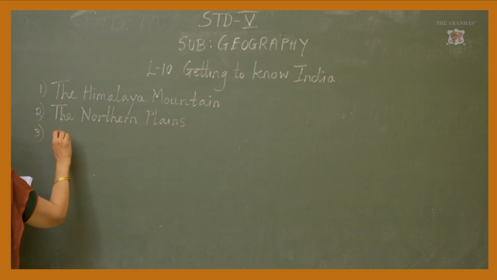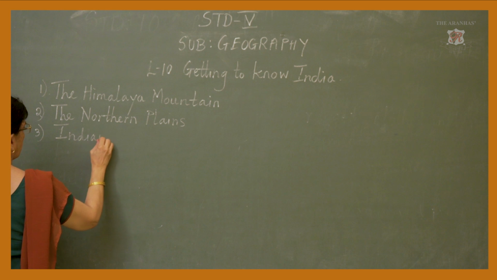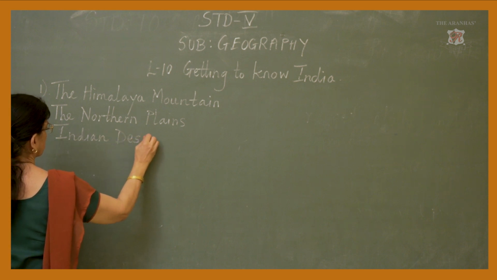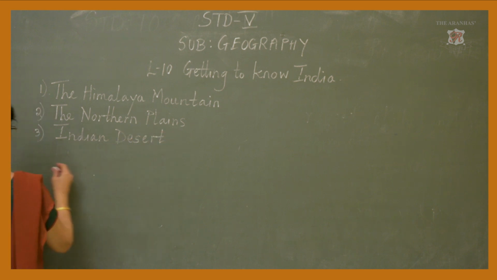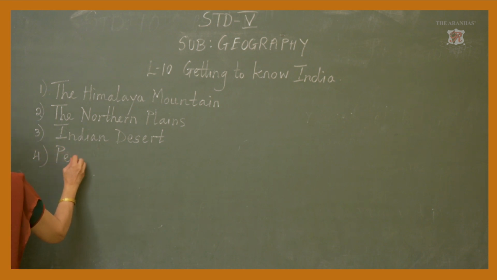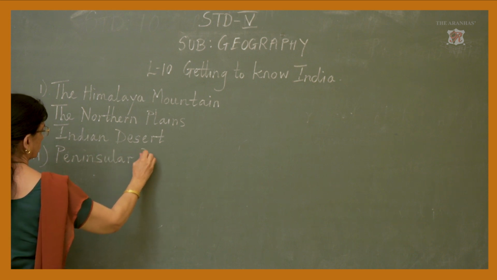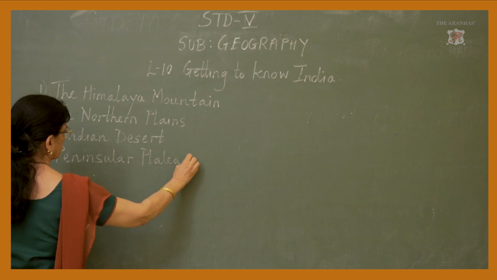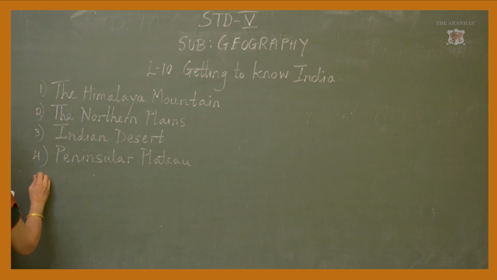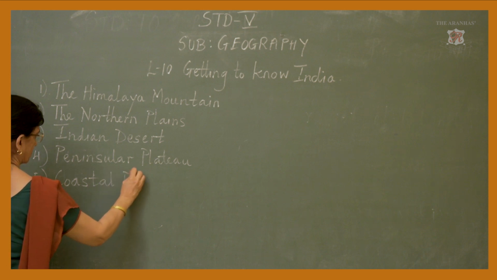Third is the Indian desert. And fourth is the peninsular plateau. Then fifth is coastal plains.